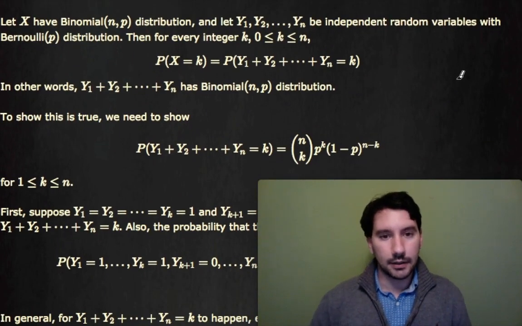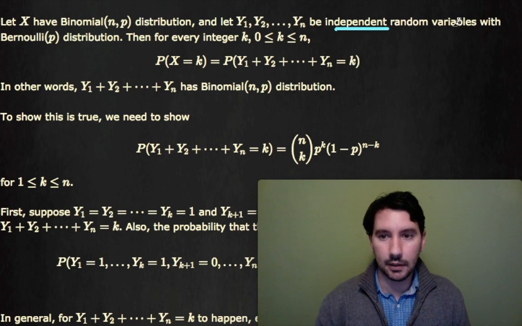It turns out that if x is binomial n, p and Y1 through Yn are independent random variables with Bernoulli p distribution, so the same p as x, and notice that there are n of them, then the probability x equals k is the probability that Y1 plus Y2 up to Yn equals k.